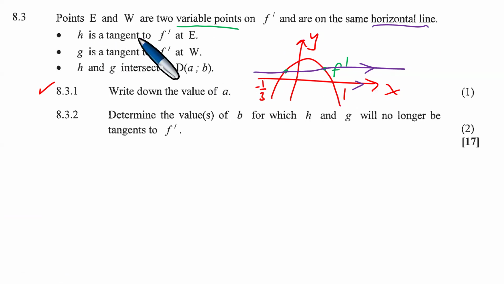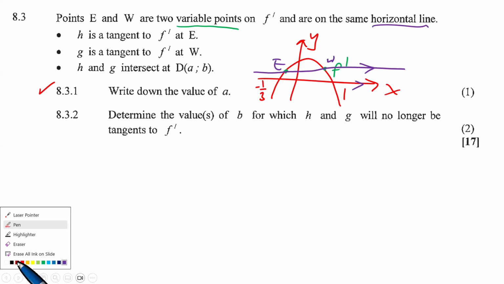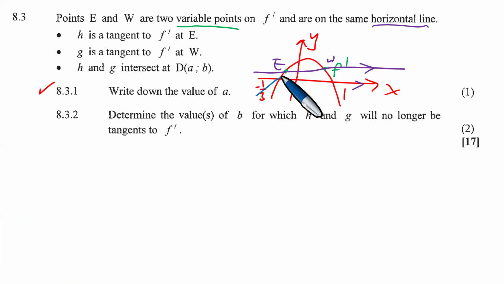Now, H is a tangent to F prime at E. So there's E here, there's W, and then you have a tangent H. H is the tangent to F prime at E. G is a tangent to F prime at W. So there's G, which is a tangent to F prime at W.